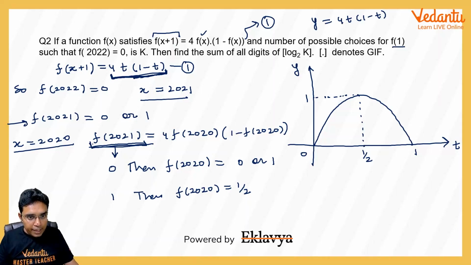So this 1 will be possible only if we take f of 2020 as 1 by 2. So you can check that for f of 2022 equal to 0, we got f of 2021 having two values 0 or 1, and then for 2020 we are getting three values: 0, 1 or 1 by 2.